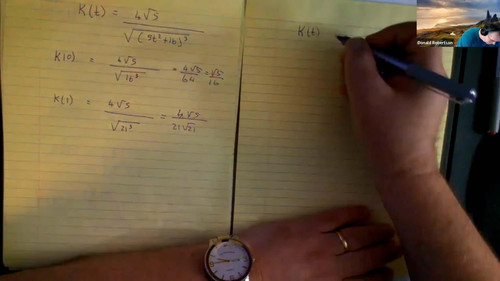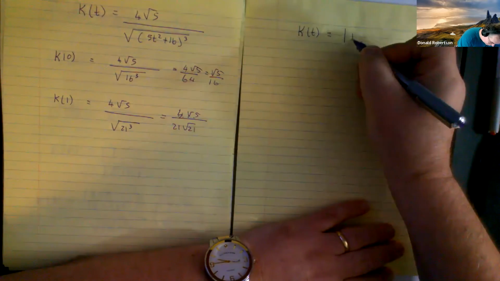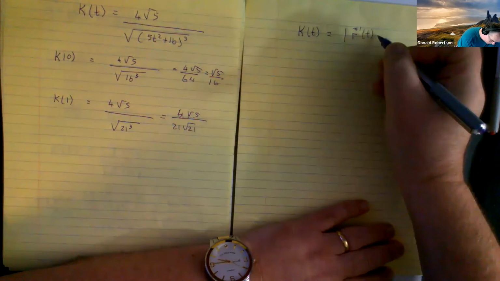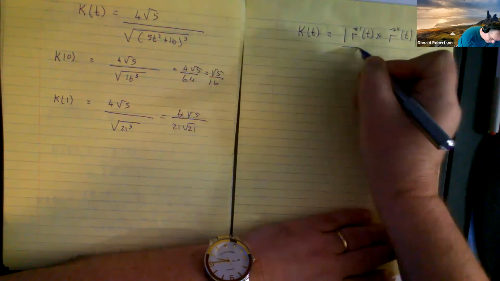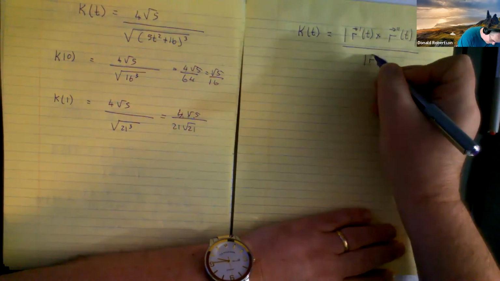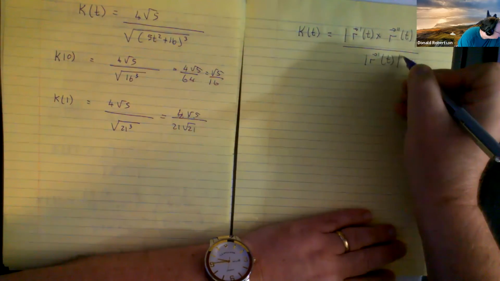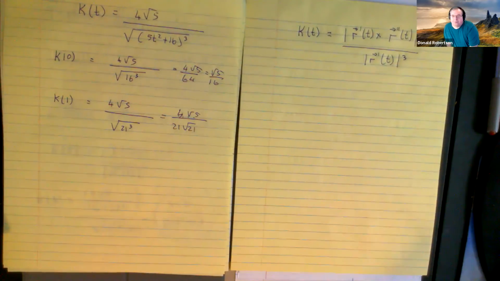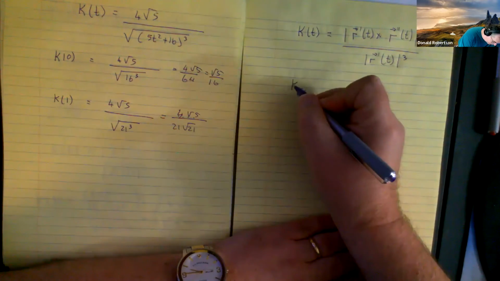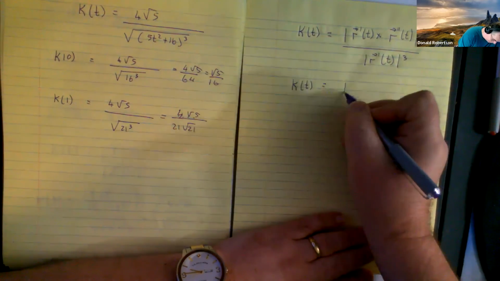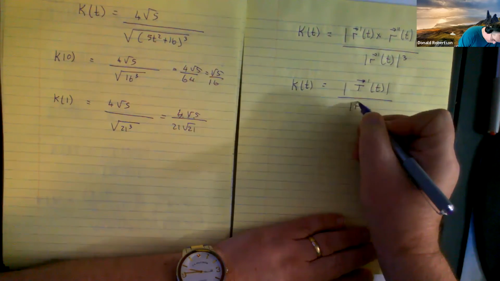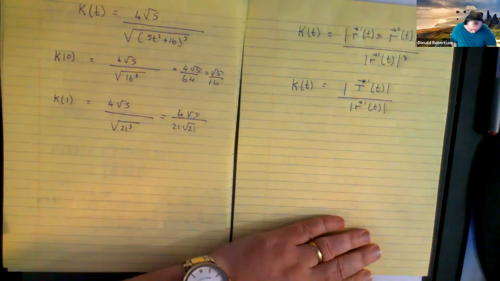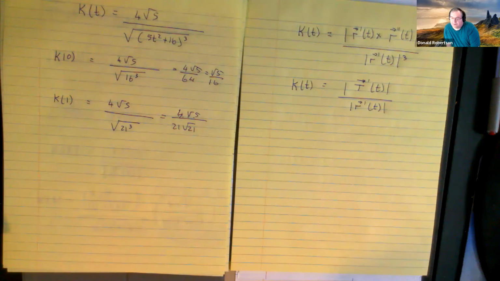And the alternate formula is the magnitude of the first derivative cross product with the second derivative, all divided by the magnitude of the first derivative cubed. Now, I'll put below it the guy that we've just finished doing. They're quite different looking, agreed? Yet they both will give you the same answer.